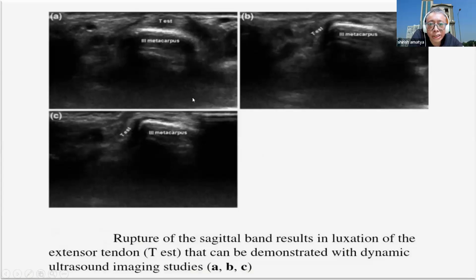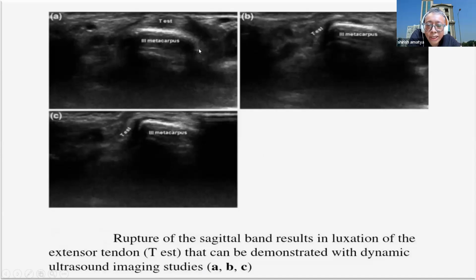You can see in this picture, this is the dynamic ultrasound picture of the rupture of sagittal band where the extensor tendon has been dislocated. In picture A, you can see the extensor tendon lying very nicely just above the metacarpal head, and this anechoic line at either side of the tendon are the sagittal band.